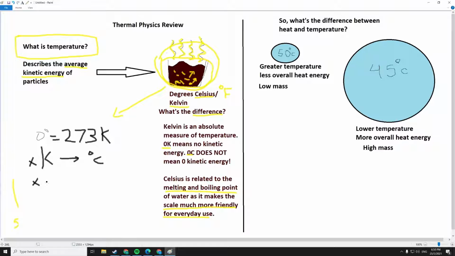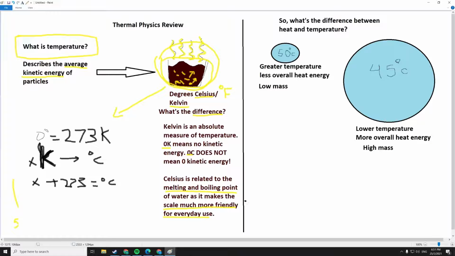So you do X plus 273 equals your temperature in Kelvin, and that's how you convert between the two. But it's important to remember and not confuse the two. If a question asks you for the actual value of temperature, then you want to use Kelvin. If it's asking for temperature change, then you can use either.